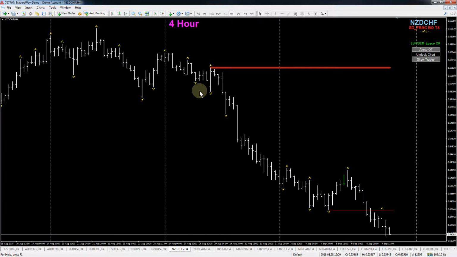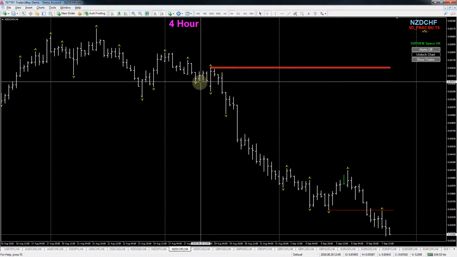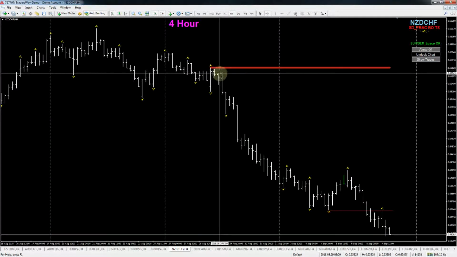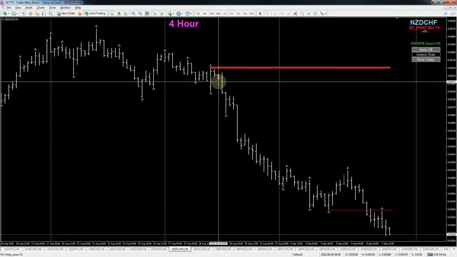We would have had a fractal right there, which would have been a down fractal. And this zone would have popped up when we got 3 closed candles. So this one we would have got in right there.